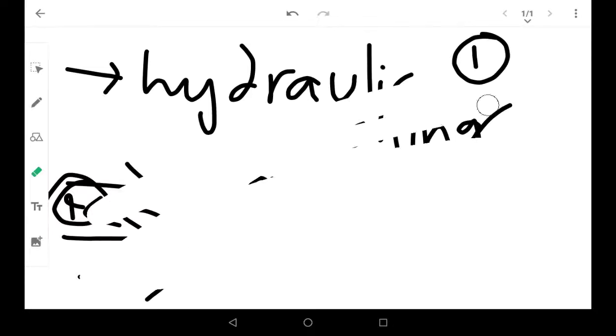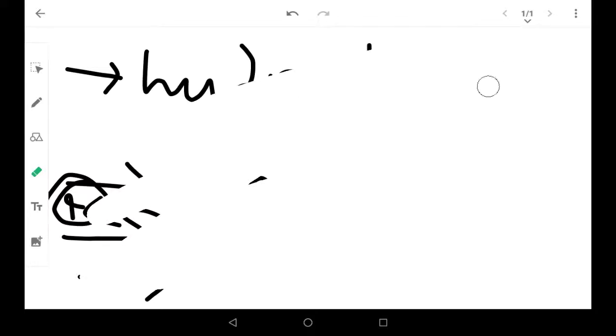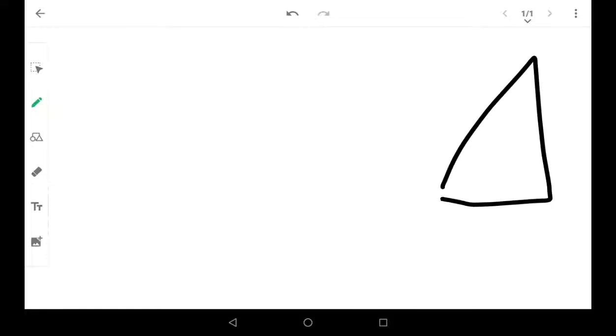Hydraulic washing is based on specific gravities of the ore particles. Specific gravity is the ratio of gravities.